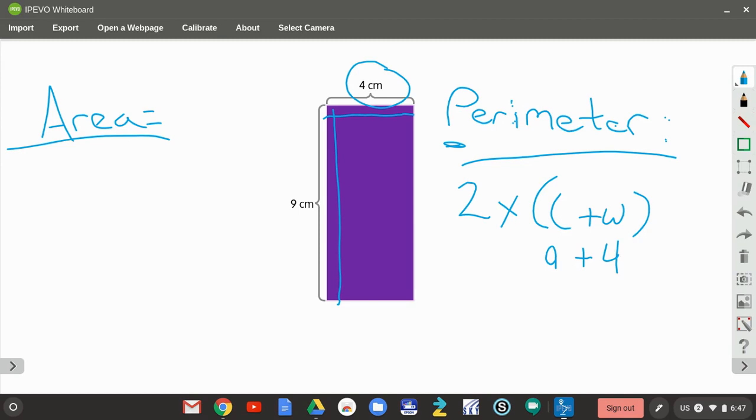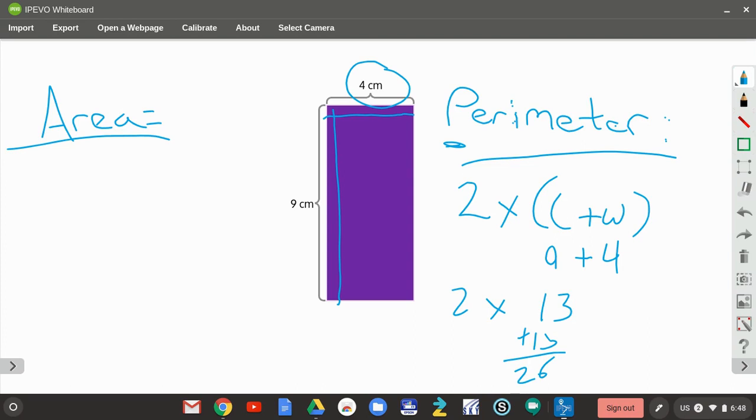So I'm going to do 9 plus 4, and 9 plus 4 is 13. And then I know it's 2 times 13. If I feel comfortable with that, I can do that. If we're not comfortable with that multiplication yet, just do 13 plus 13. Just double 13, and we get 26. You can do it that way.